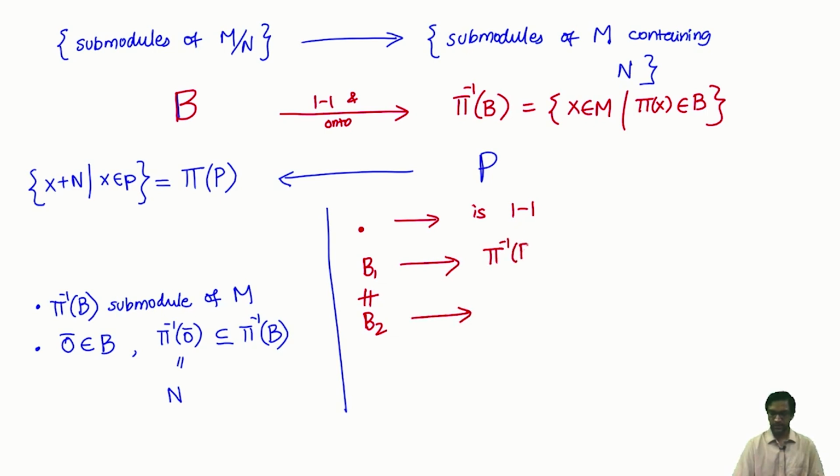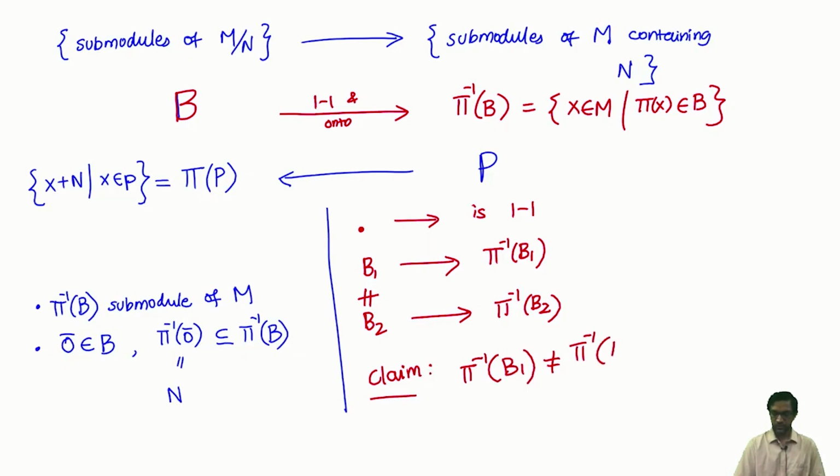So look at pi inverse B1, pi inverse B2. The claim is that pi inverse B1 is also not the same as pi inverse B2, and in fact this is just a trivial fact, we don't really need the fact that pi is a homomorphism or anything. It's just a fact about set maps between sets.